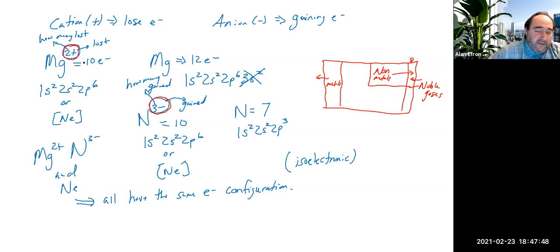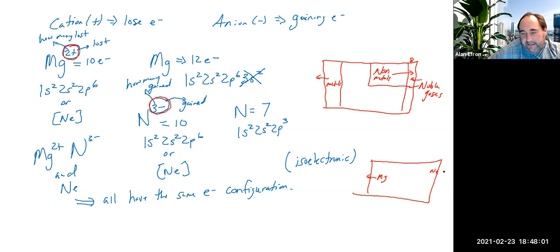So again, if you look at the periodic table, magnesium is here, and neon is over here. So magnesium loses 2 spaces to go back to neon, while nitrogen is 3 spaces before neon. It gains those electrons and is able to go forward. And that is, as we'll talk about in the next chapter on bonding, the basis of all bonding.